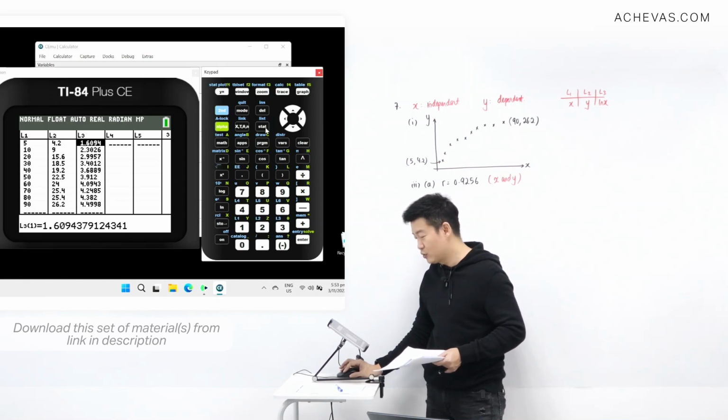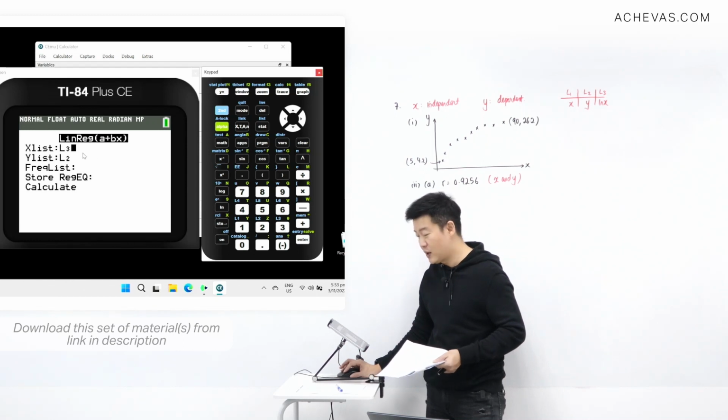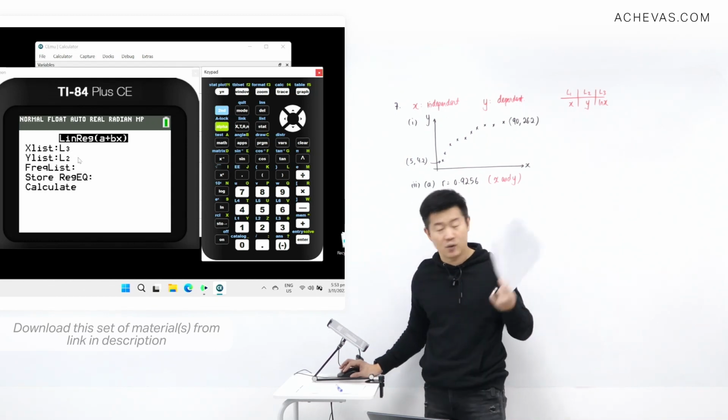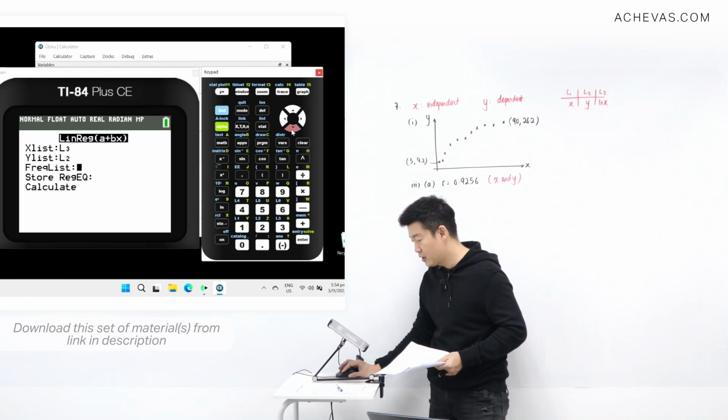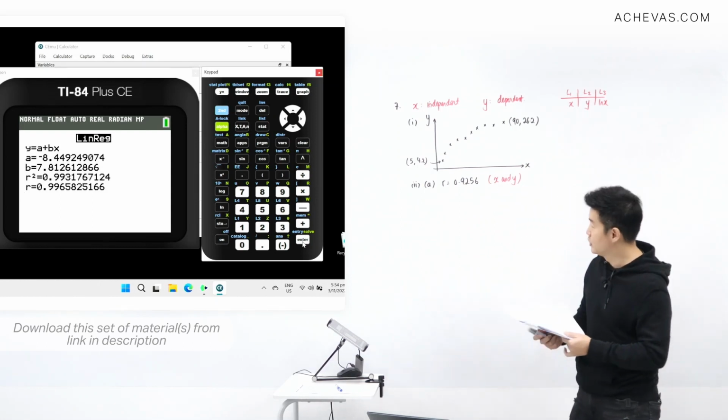Now I'm going to go to stats again and do a calculation using number 8. This time x list is going to be L3, which is all the ln x. Y list is still going to be L2, which is the y. Let's calculate this version of the product moment correlation coefficient. And we get a pretty good product moment correlation coefficient.